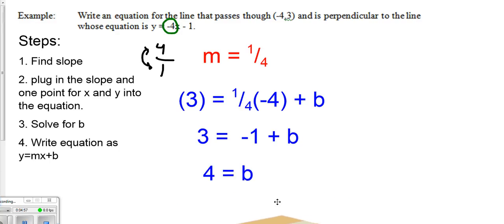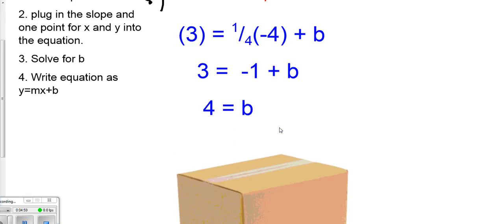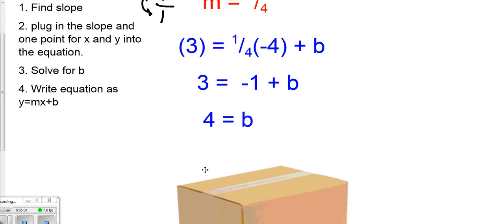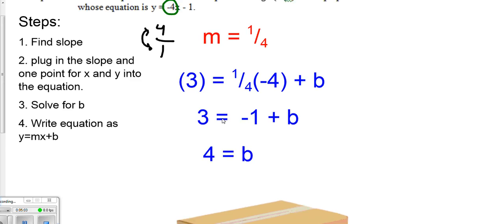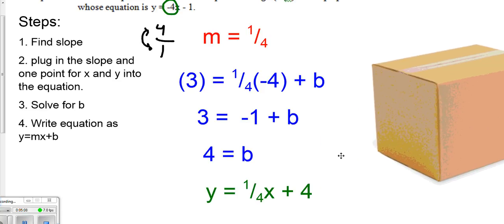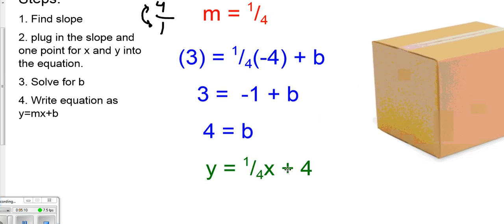Add that 1 to both sides, we get that 4 equals b. Then if we plug in 4 for our b value and 1/4 for our m value, we would say that y equals 1/4 x plus 4.